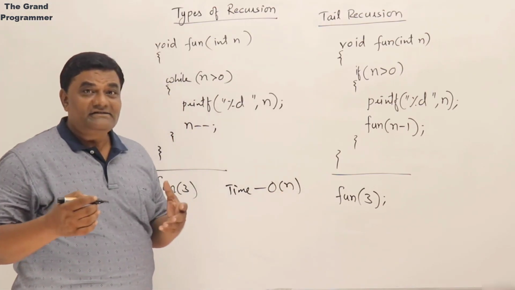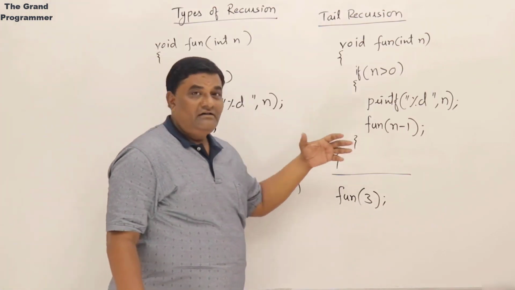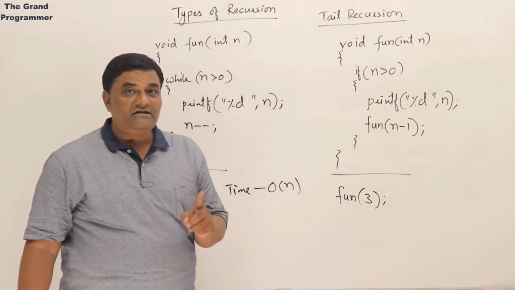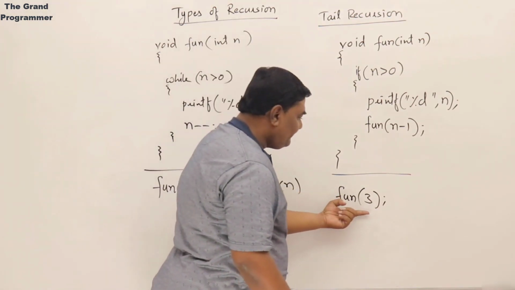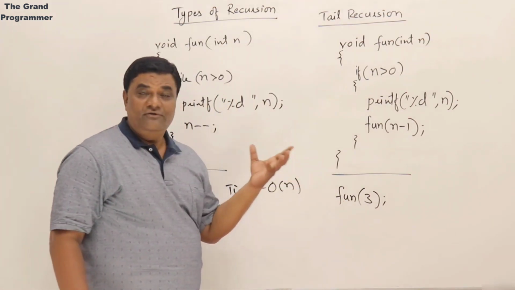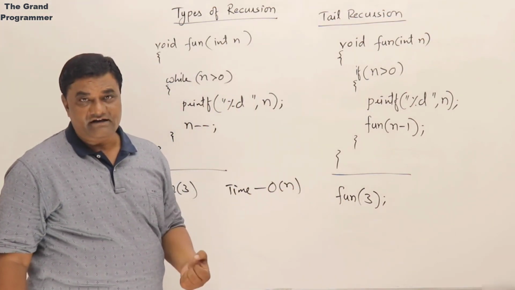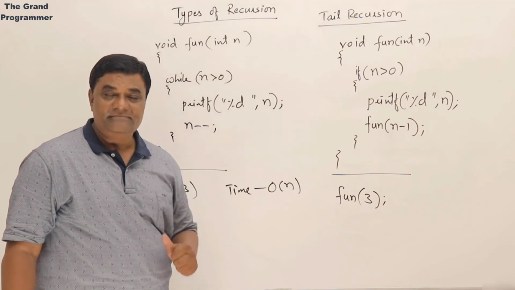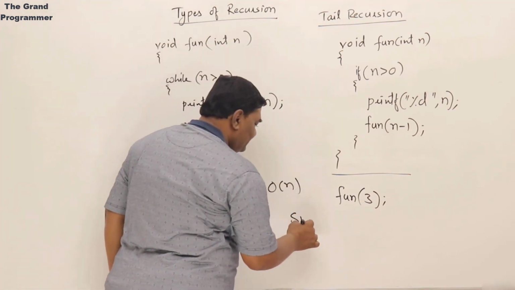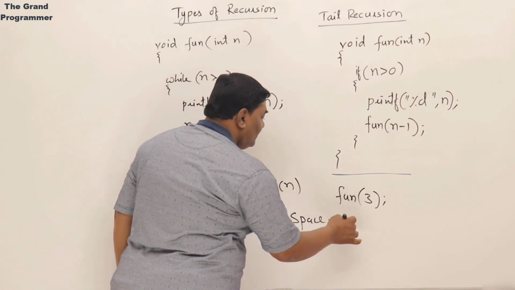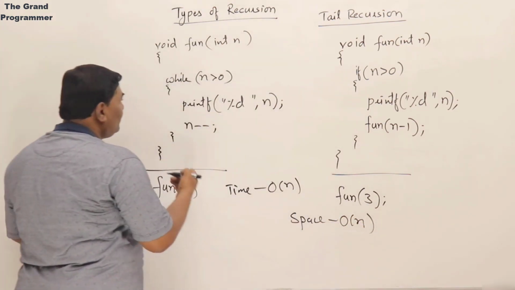But let us analyze the space. This is a recursive function. It internally utilizes a stack. For the value of 3, it will create a total of 4 activation records in the stack. We have already done this analysis. So for n, the space taken by this one is order of n. But what about this one?